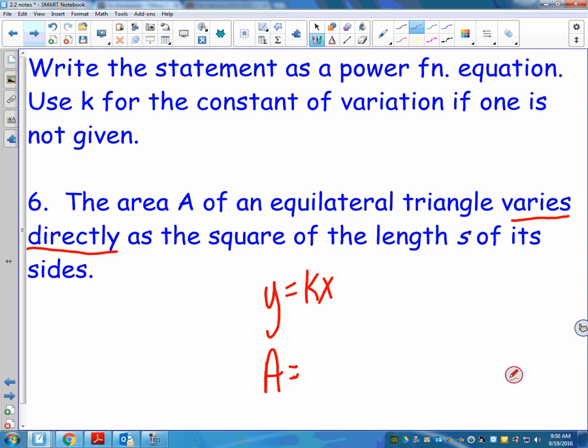Is that s squared or the square root of s? So it's going to be s squared. And I don't know what k is, so I'm just going to use k. That's a geometry formula that you learned a long, long time ago. So on these, you're not even solving for k. You're just practicing writing. Let's do that.